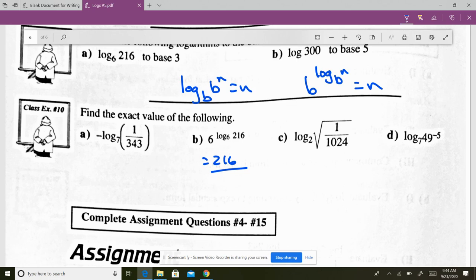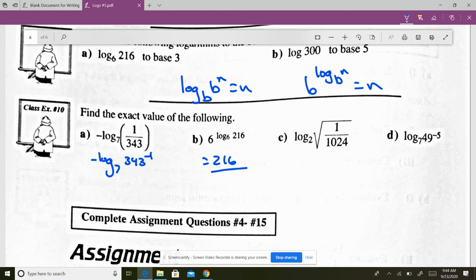Let's do the first one. A. So 7, 343. I know it's 1 over 343, but what am I going to change about the 1 over 343 to make it not a fraction? I made it negative. Okay, done.